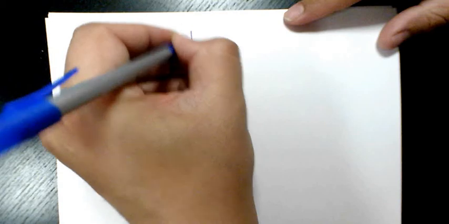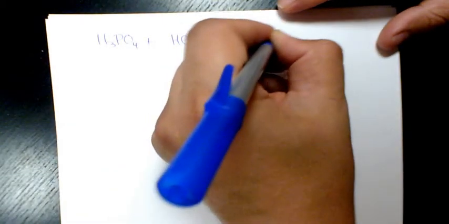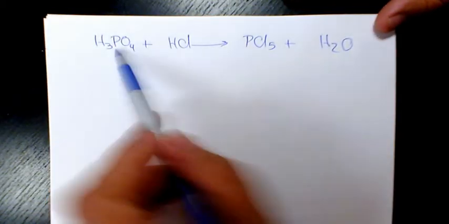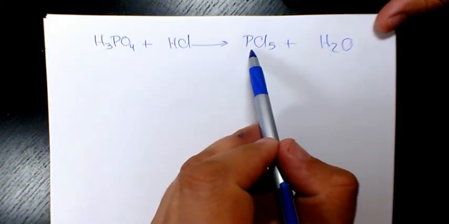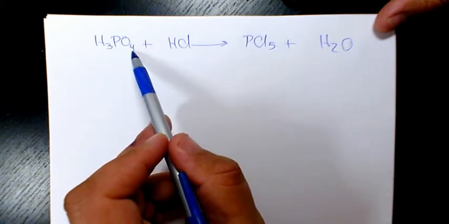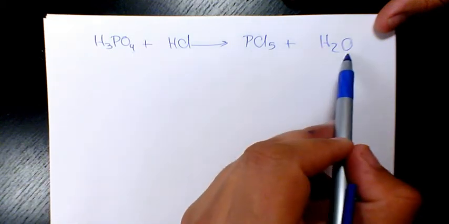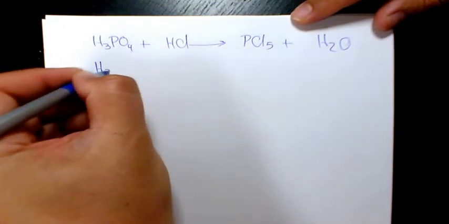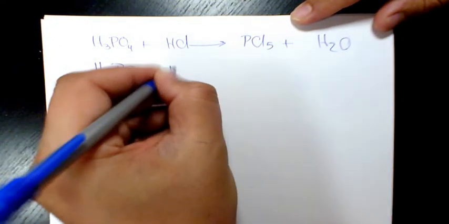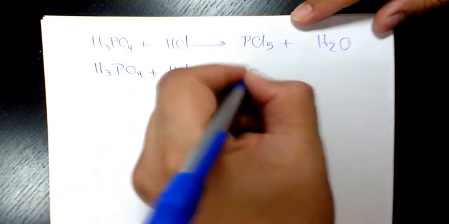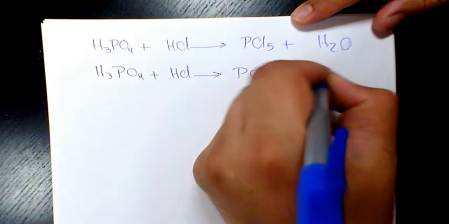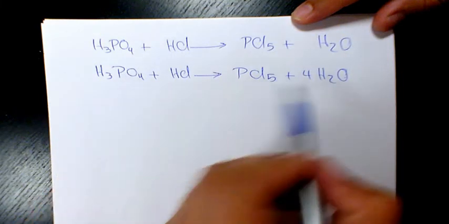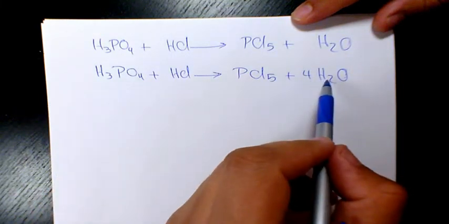Next one. H3PO4 plus HCl gives us PCl5 plus H2O. 1 and 1 phosphorus. Oxygen, I have 4 in here. I need to have 4 in this side. So now we have 8 hydrogen.